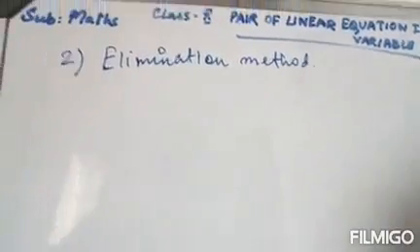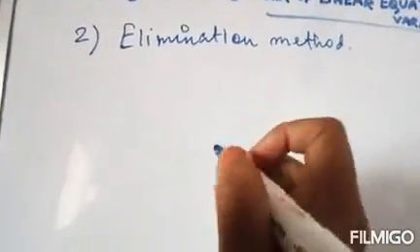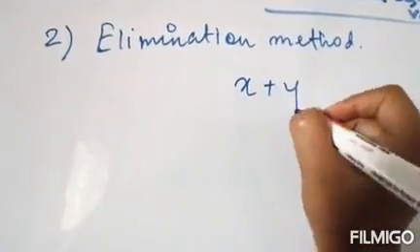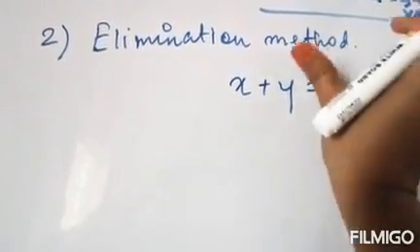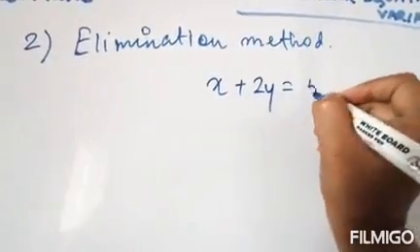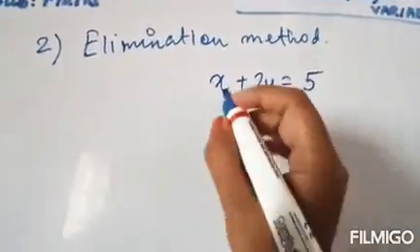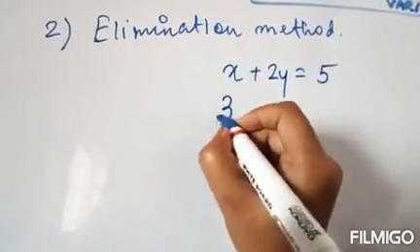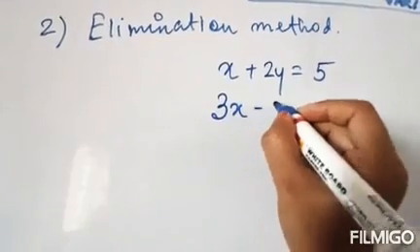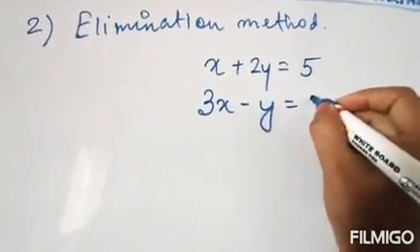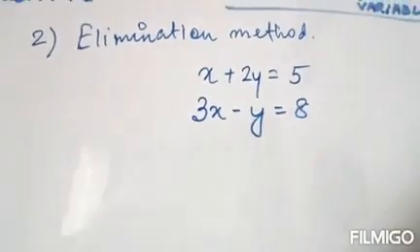Okay, let's take one example: x plus 2y is equal to 5 and 3x minus y is equal to 8.